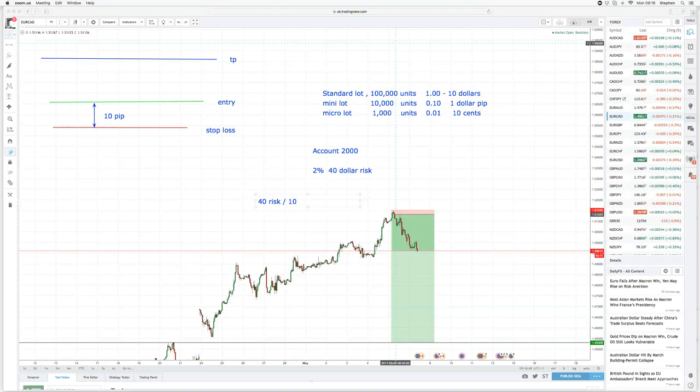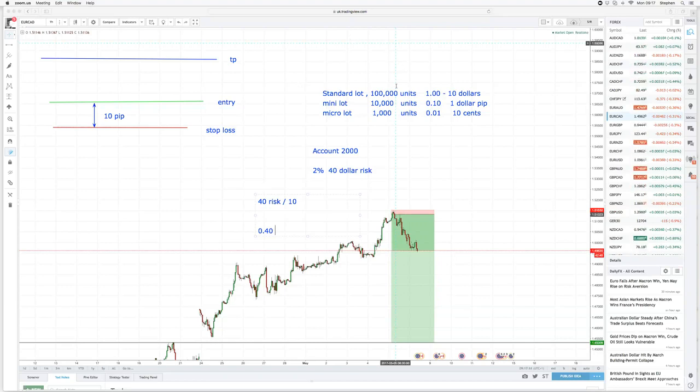Because it's only a single decimal, this would be represented as 0.40. What's a one decimal? If the result was something like 13, that would be written as 1.3, which would be one standard lot, one mini lot. But in this case, it's just come out as 4, so that would be 4 lots.